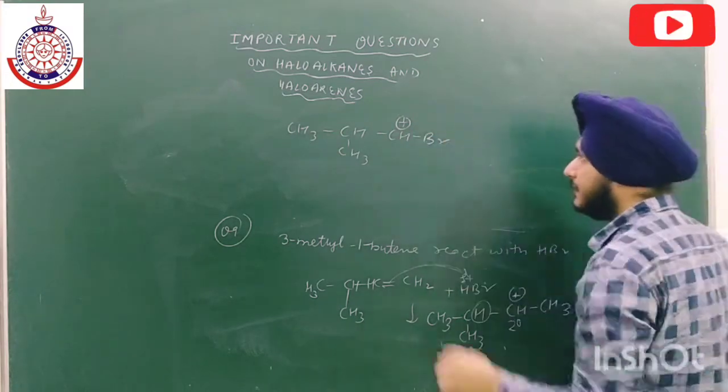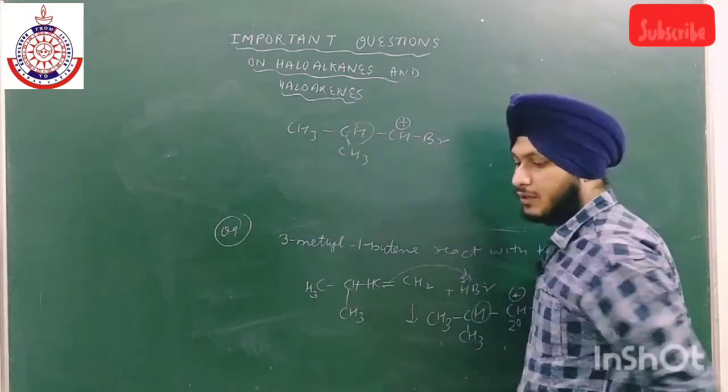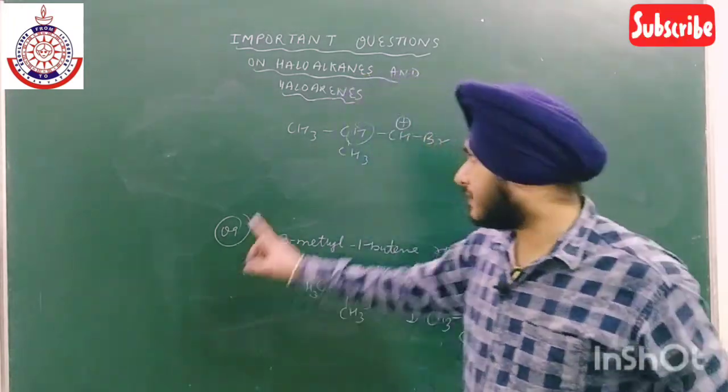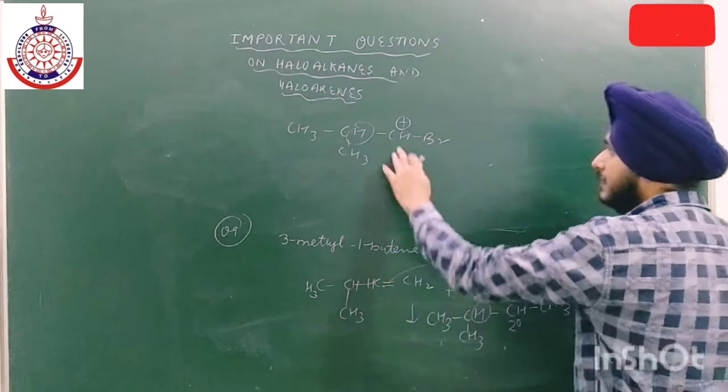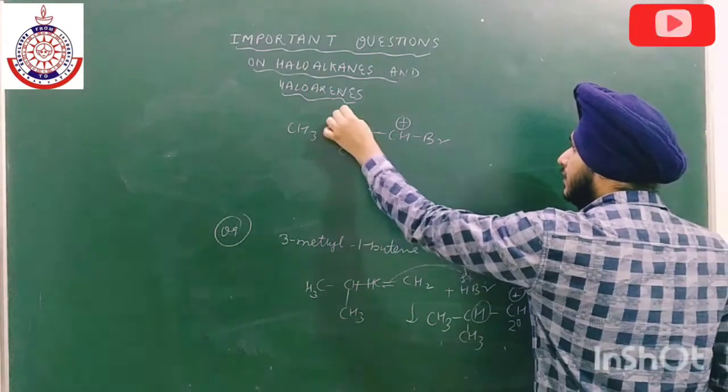If I shift this hydrogen from this carbon to this carbon, then the carbocation will be generated over here, and this carbon is 3 degree, so we can easily shift the hydrogen as H negative.